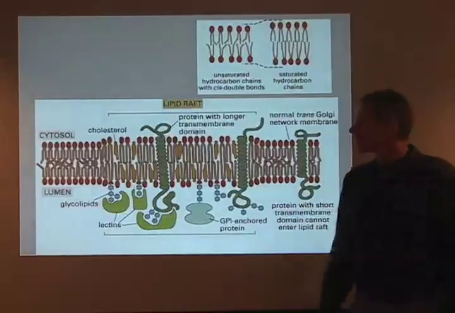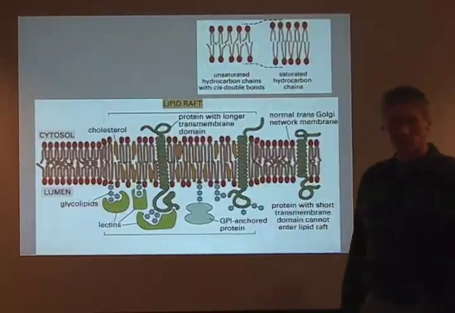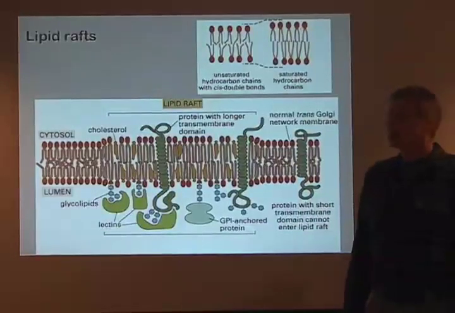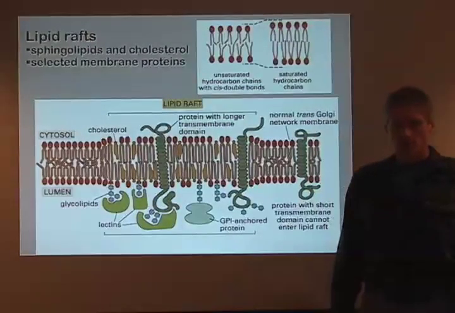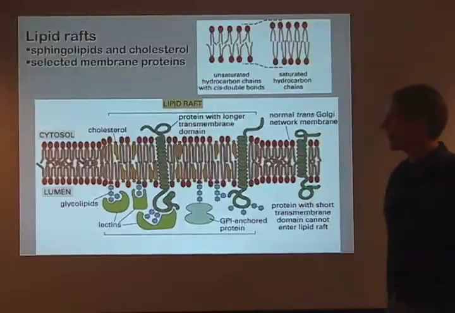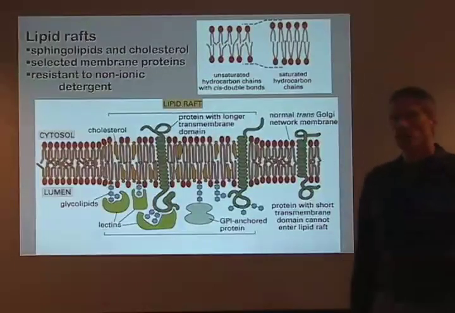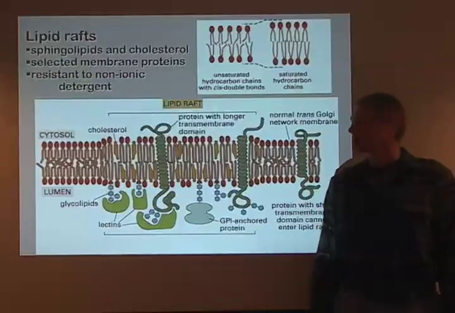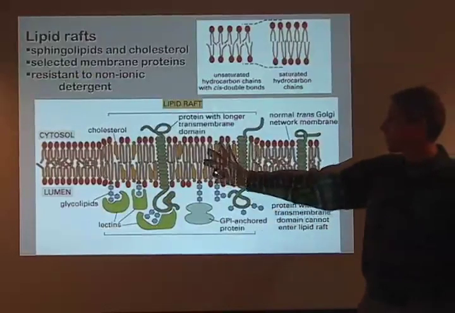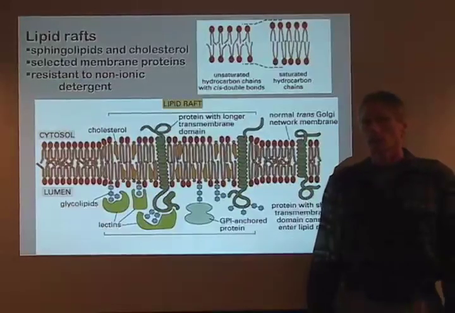So lipid rafts prefer cholesterol, or you could say cholesterol prefers them. They have sphingolipids and selected membrane proteins. They also have the property that they're resistant to non-ionic detergents. So when a biochemist is making cell extracts, these will not be dissolved as easily in detergents.